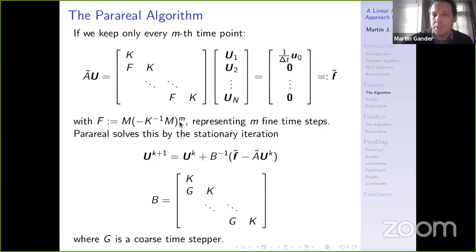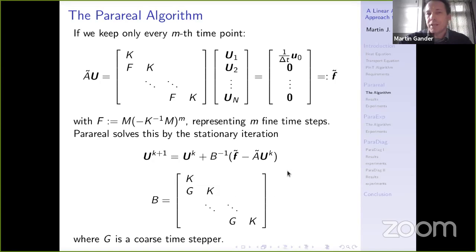So instead of doing M fine time steps, it does maybe one coarse Euler step or two coarse Euler steps, and that's it. That's the Parareal algorithm. So it's very easy to remember at the linear algebra level. It's just doing cyclic reduction on your system and then building a preconditioner by approximating the many steps which you eliminated by one step or maybe two steps.